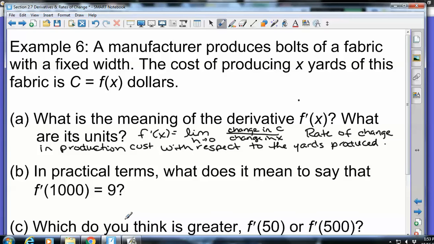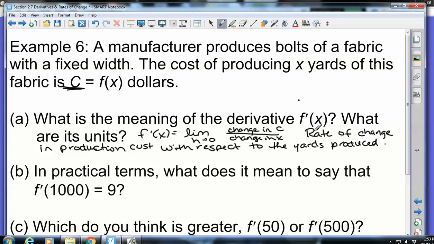In other words, when you do f prime of x, that derivative, we're doing the limit of a slope calculation. Slope is change in y over change in x. So we are looking at how the C, the production cost, is changing as my x value changes. So based on how many yards of fabric we produce, what is happening to the cost.